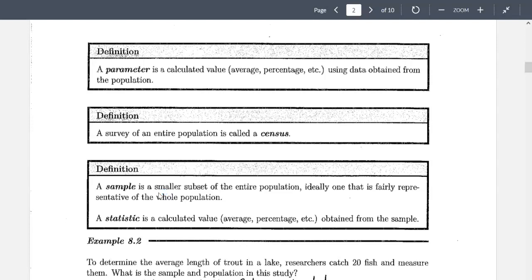That 3.2 describes the entire college, so we call that a parameter. If we just randomly pick 10 students from the school and find their average GPA, then that GPA will be a statistic because I'm only asking 10 people, not an entire college.